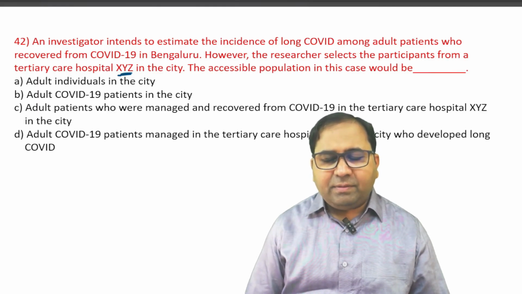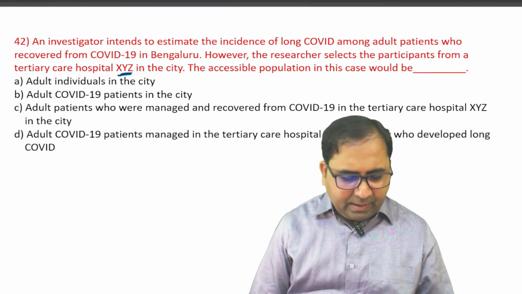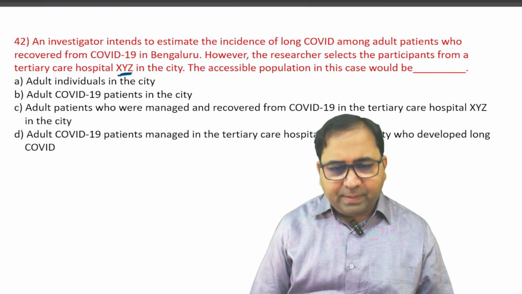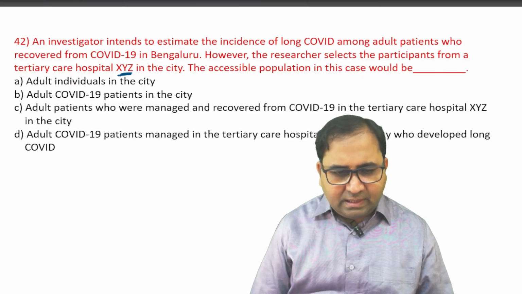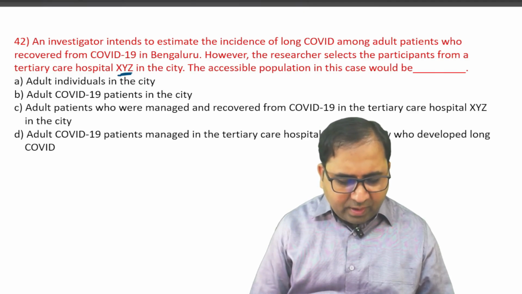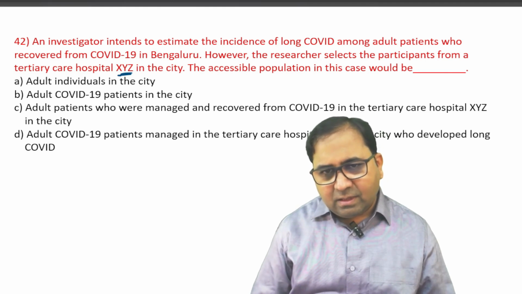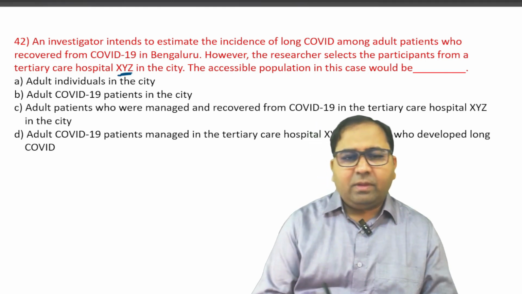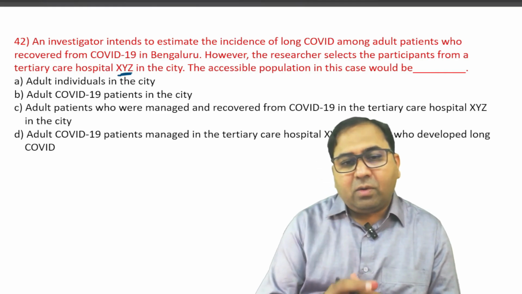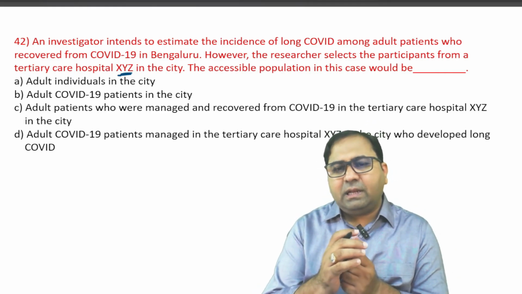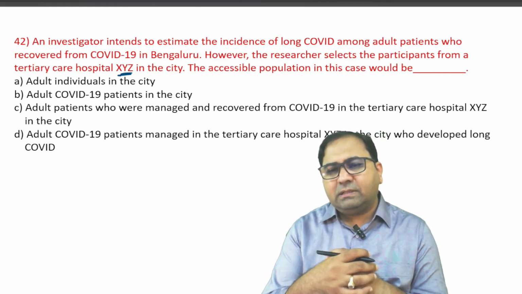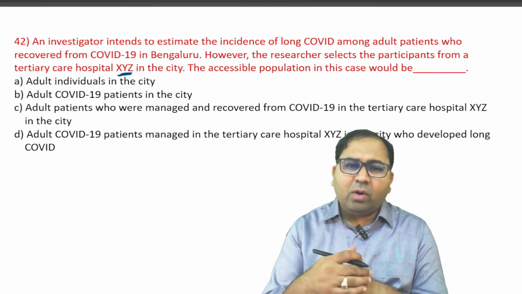A, adult individuals in the city. Or B, adult COVID-19 patients in the city. Or C, adult patients who were managed and recovered from COVID-19 in the tertiary care center XYZ in the city. Or D, adult COVID-19 patients managed in the tertiary care hospital XYZ in the city and who developed long COVID.